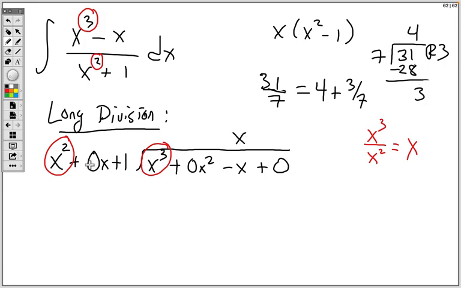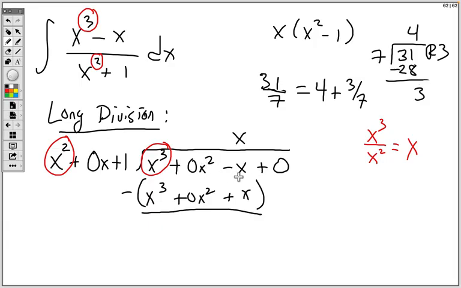And now I'm going to multiply x times x squared is x cubed, 0x squared, plus x. And then, just like in regular division, I'm going to subtract. x cubed minus x cubed is 0. 0 minus 0 is 0.